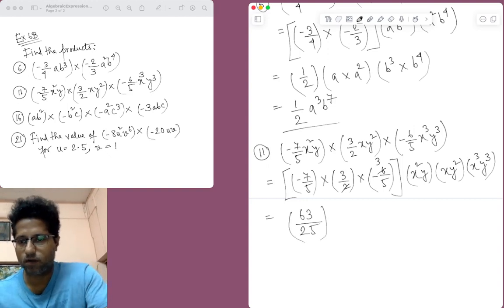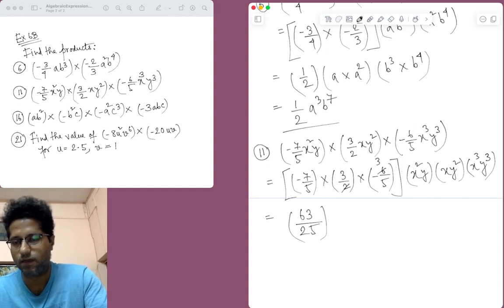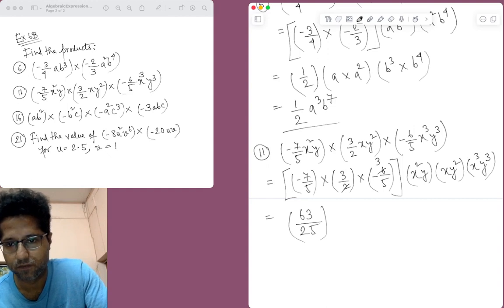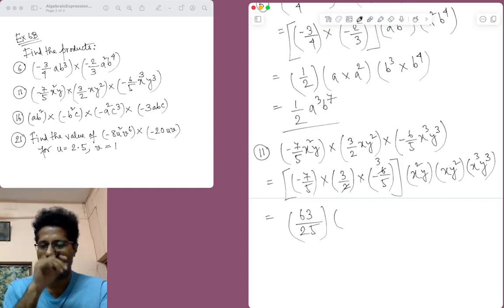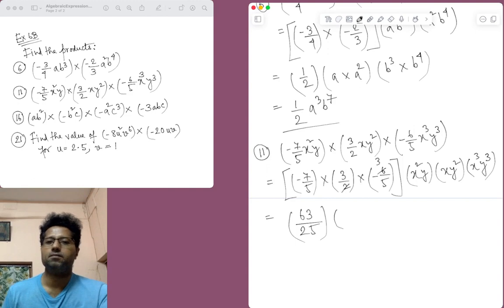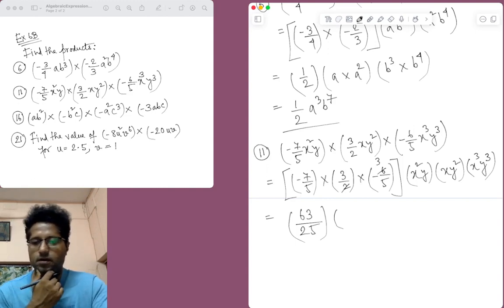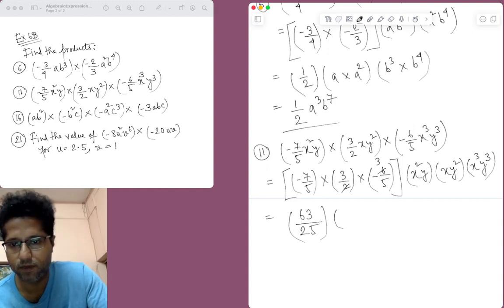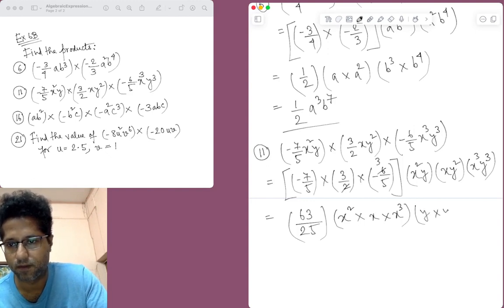Now from the product of the literal coefficients, we will merge the similar literals as exponents. So we collect all the literals with x, that is x square multiplied by x multiplied by x cube. Then we collect y multiplied by y square multiplied by y cube.